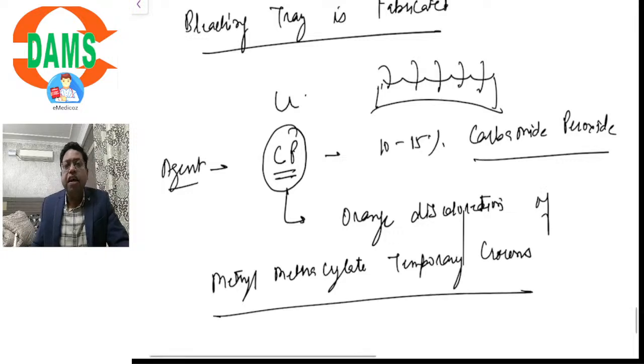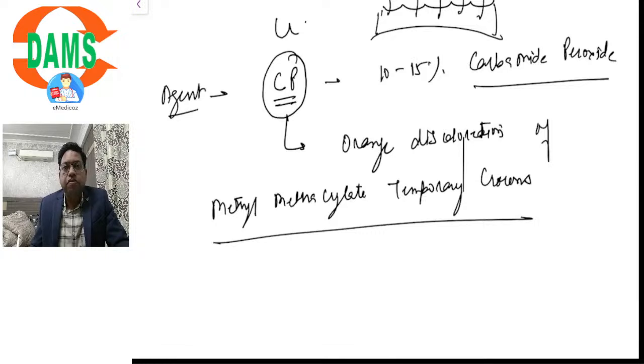If a person has temporary crowns in the mouth, which are mostly made up of methyl methacrylate, and they are subjected to carbamide peroxide bleaching treatment, then there can be orange discoloration of these temporary crowns.